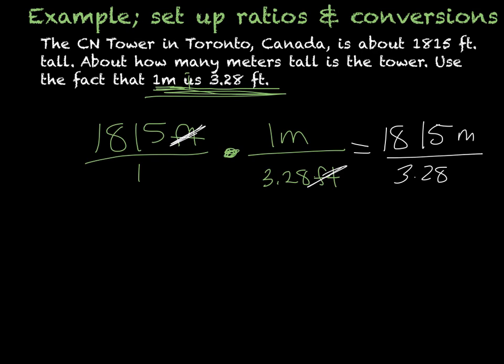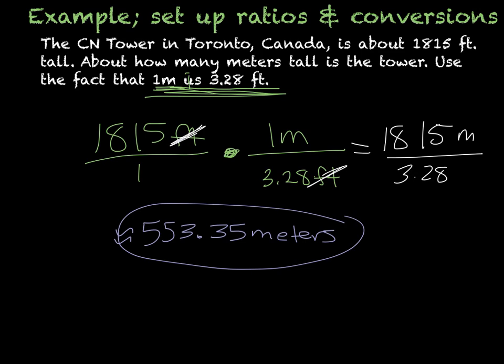Alright, and then I just type that into the calculator to solve, and you would get roughly 553.35 meters. And that would be how tall the CN Tower is in meters.